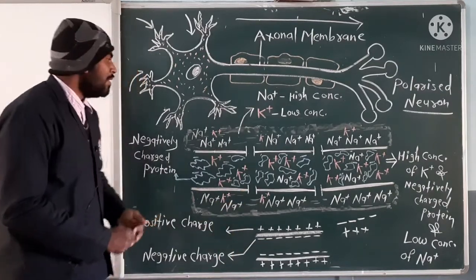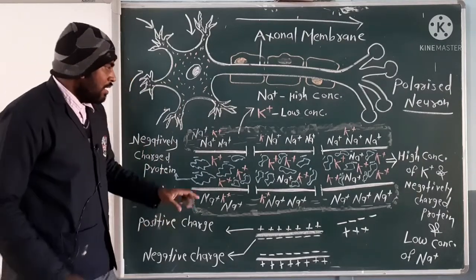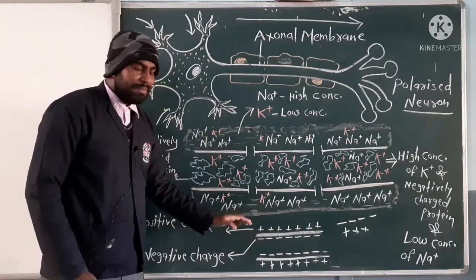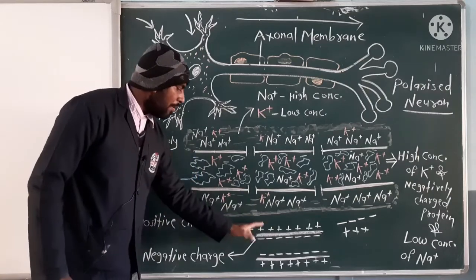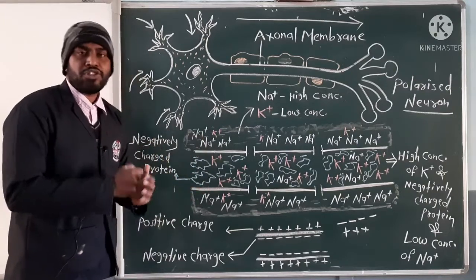So this is the concept of a polarized neuron, and this ionic balance, that means this electrical charge maintenance, is done by a phenomenon called the sodium potassium pump.